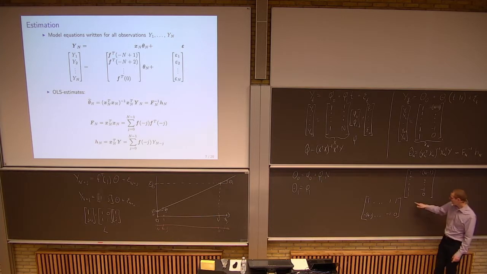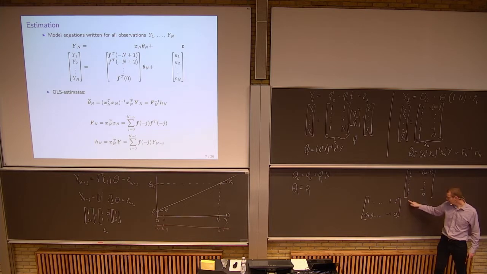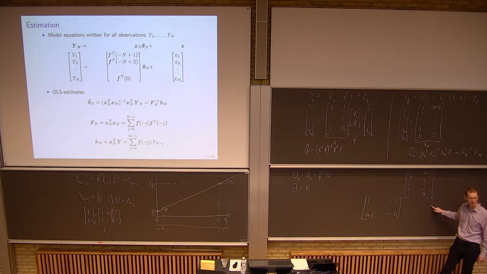Now, you can do it in a different way as well. I could say, well, rather than finishing one element at a time, I take the 1, 0 here and the 1, 0 here, and that gives me a full matrix.